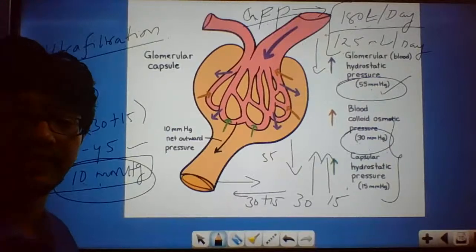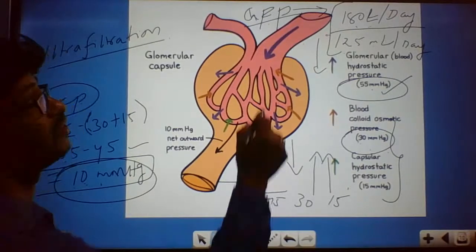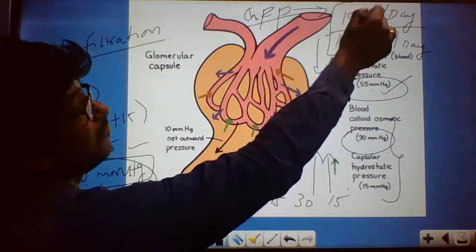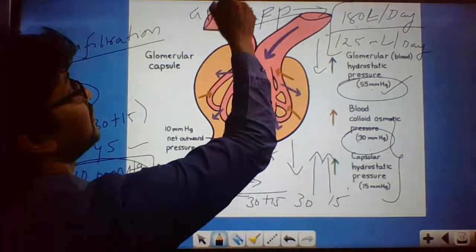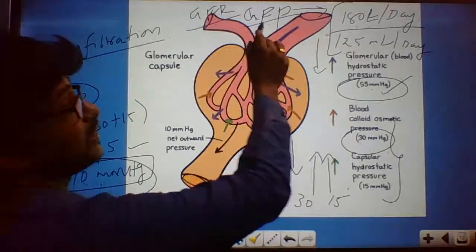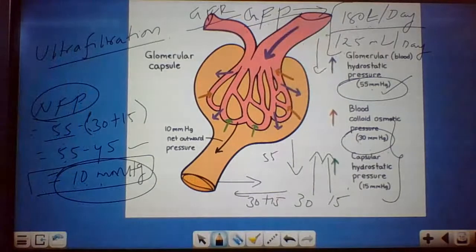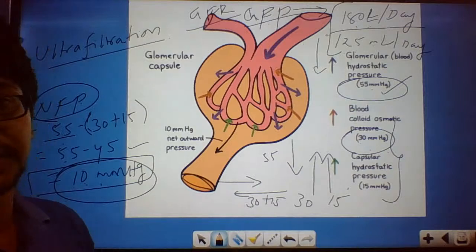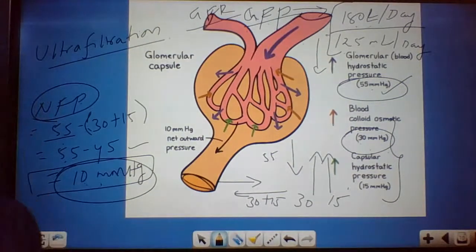At the end of the ultrafiltration, how much filtrate comes out per minute, that rate is the glomerular filtration rate. We call it GFR. GFR is the glomerular filtration rate per minute, 180 liters, or 125 ml. So this is one important area that you should understand.